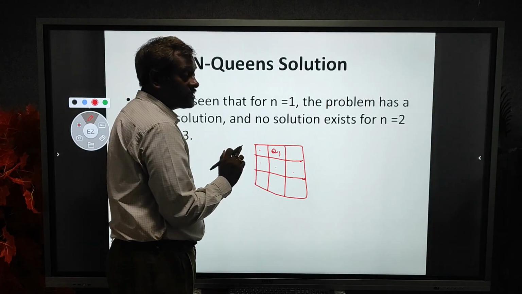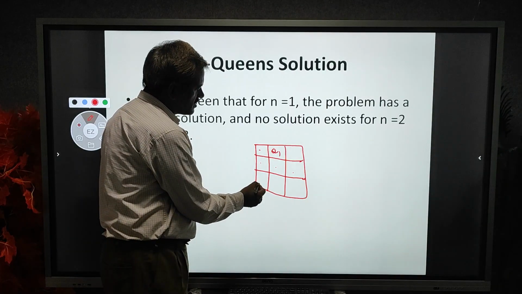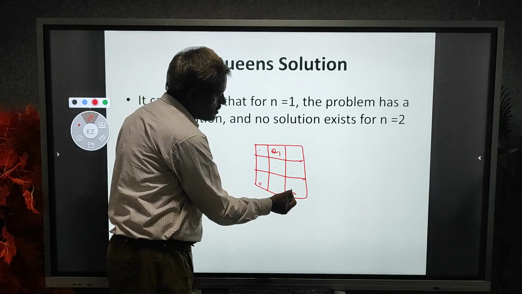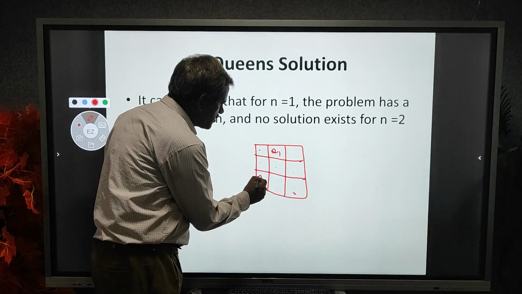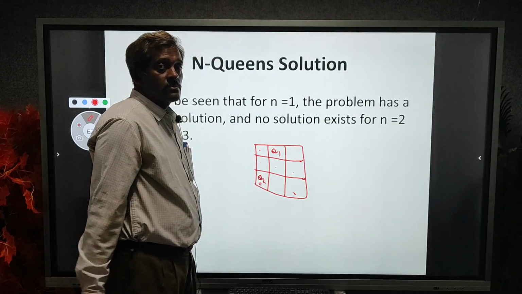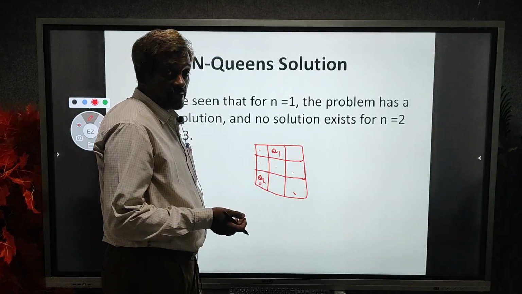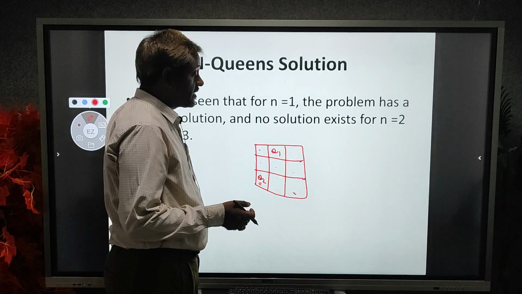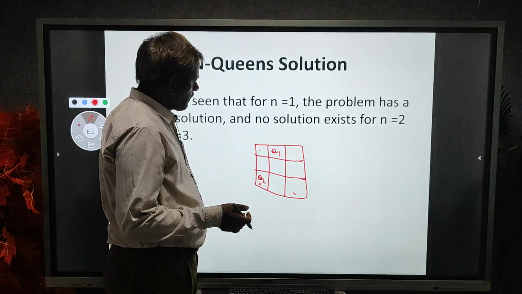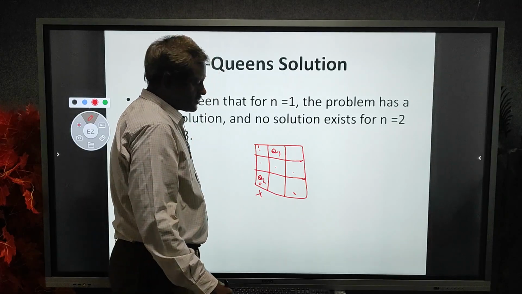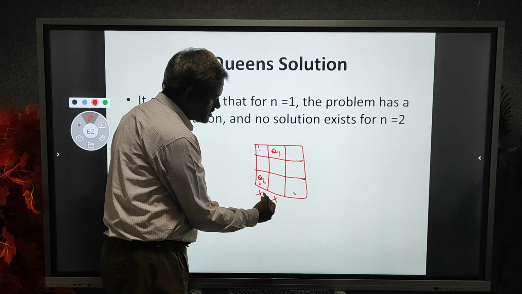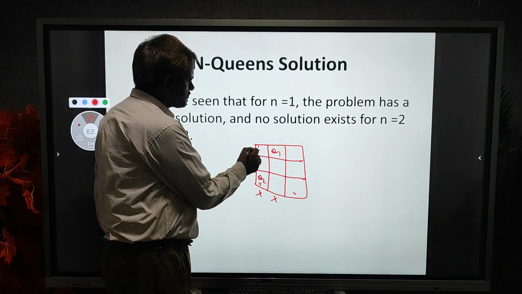This is as per column wise. So what are the two possible places? These two are. Now if I place Q2 here, I check again. Am I able to keep Q3? This column is not possible. This column is not possible.